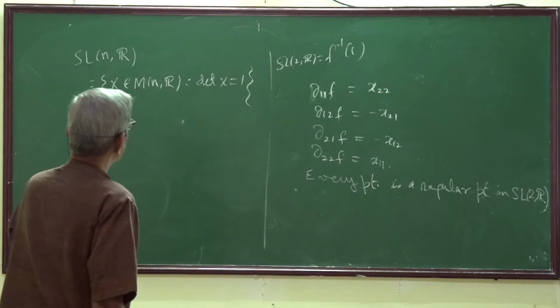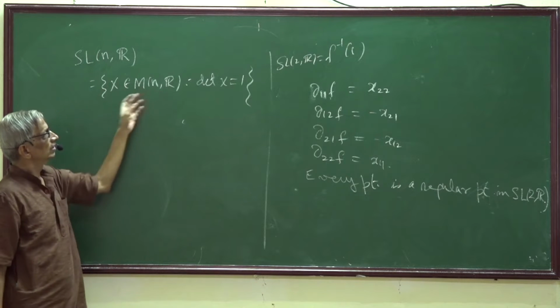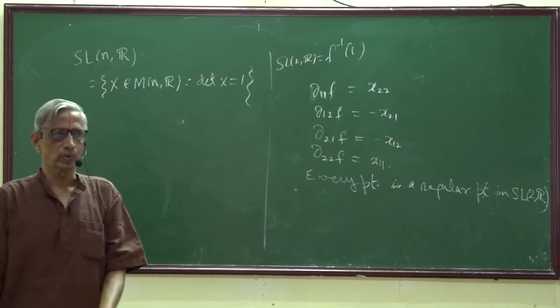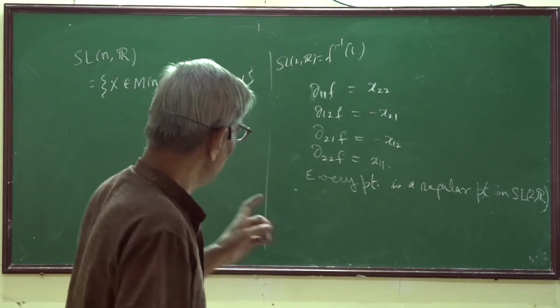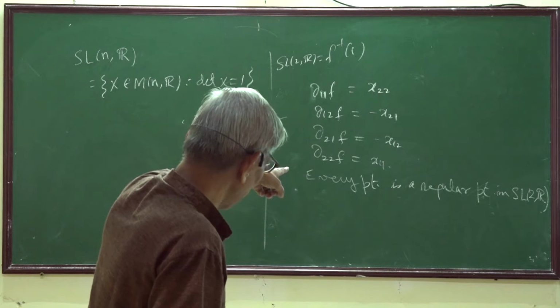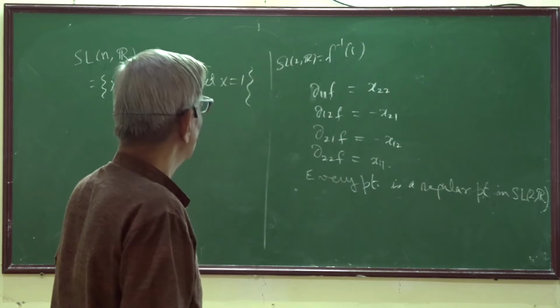So this is going to be an n square minus 1 manifold, submanifold of this. So again, the same kind of argument, derivatives.